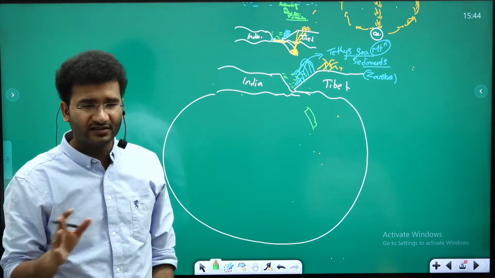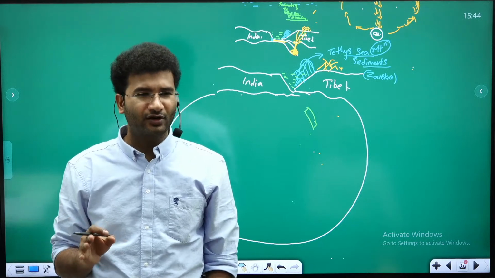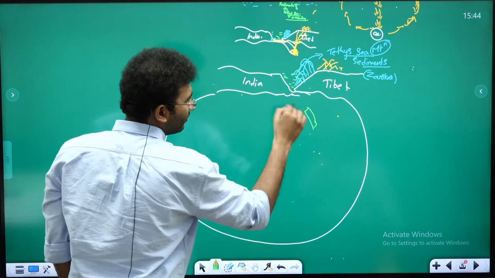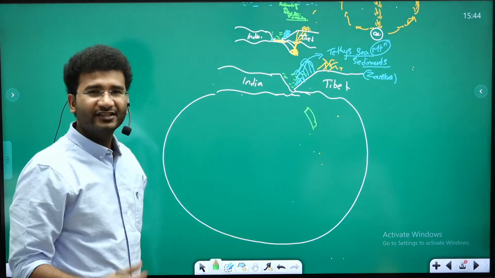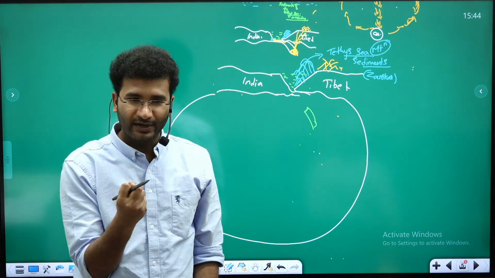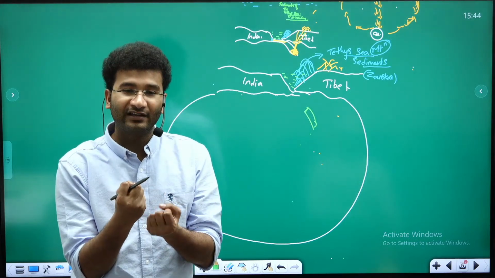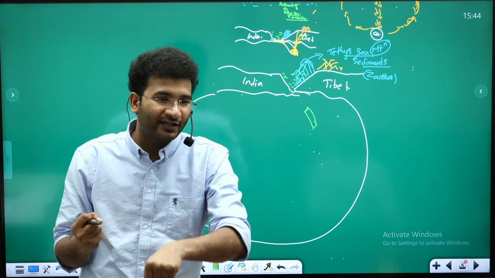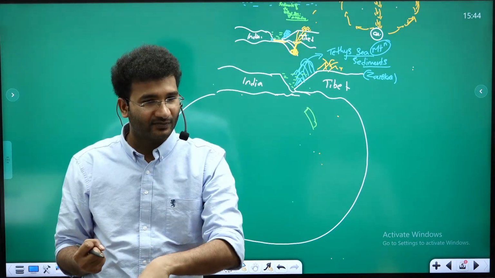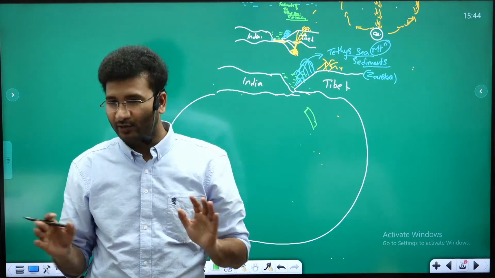Yesterday in the last class, we studied a concept called partial melting. Imagine this material is partially melting. It means some amount of material is getting melted and a little more is still not getting melted. So whatever material is not melted will go down or sink. That is how it works.